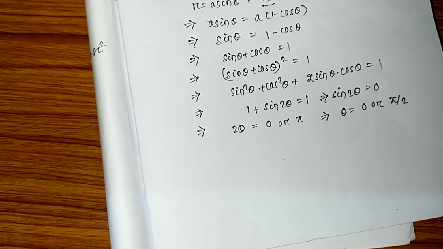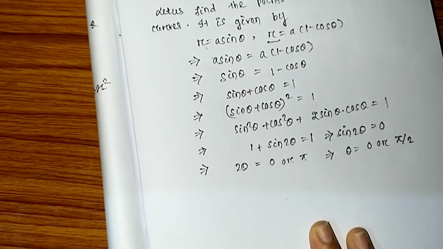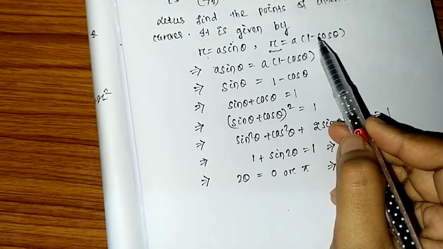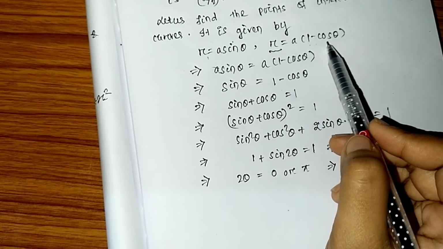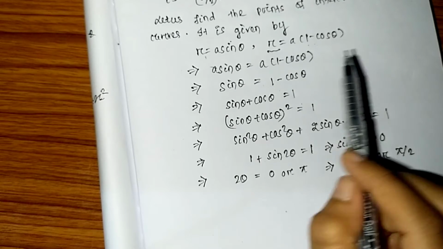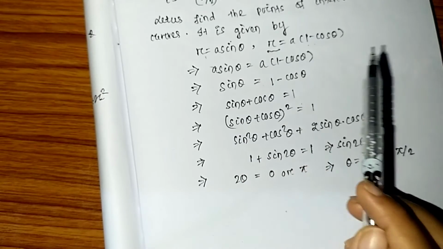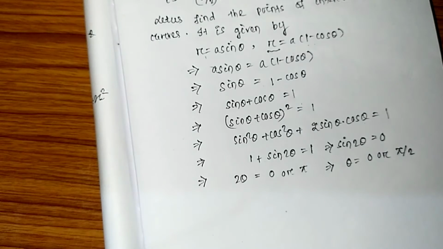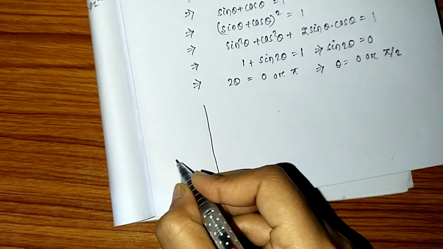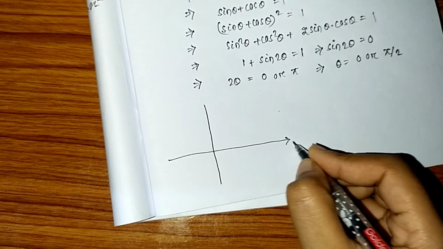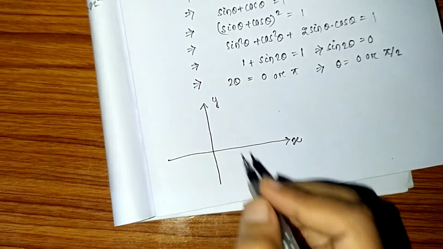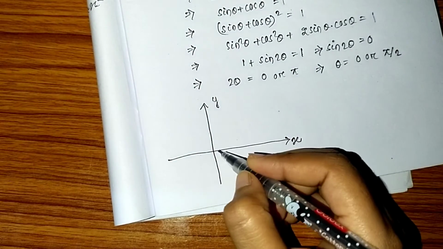Next we see the diagram. Here r equal to a sin theta is our circle and r equal to a into 1 minus cos theta is our cardioid. So it is a circle and a cardioid. This is our x-axis and this is our y-axis.